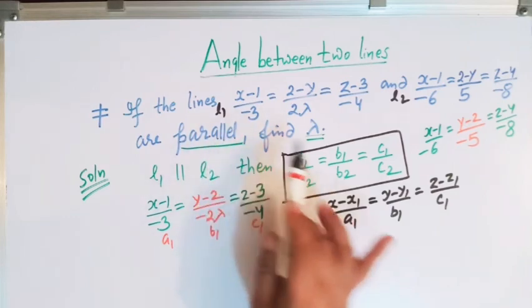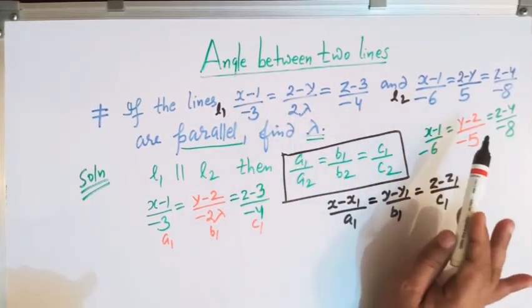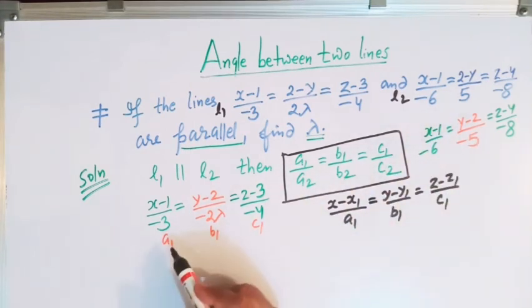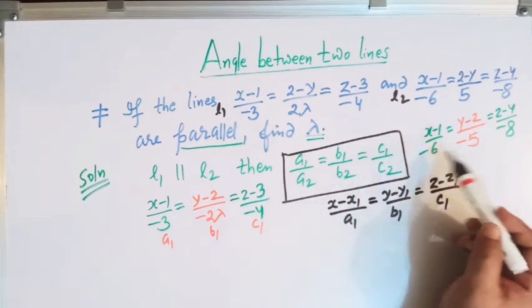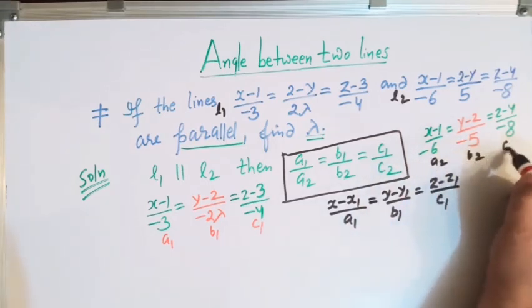Okay, now once we have seen that the lines are given in standard form, we write the direction ratios a1, b1 and c1, and here we have a2, b2 and c2.